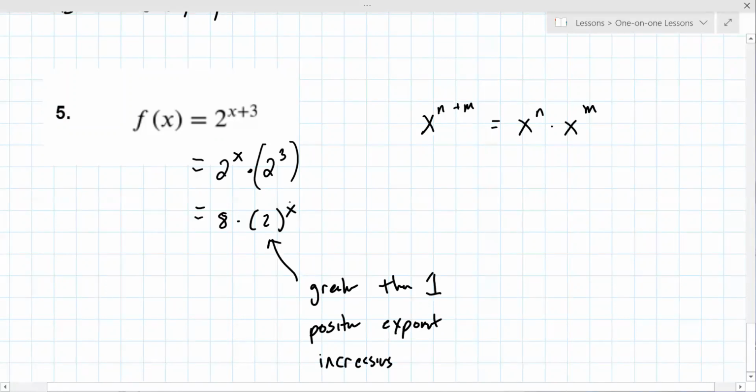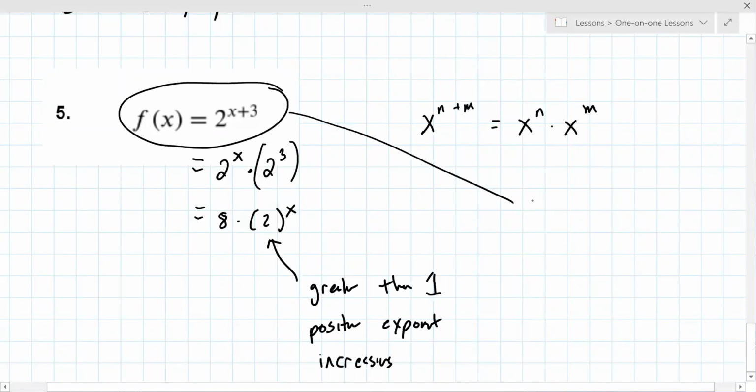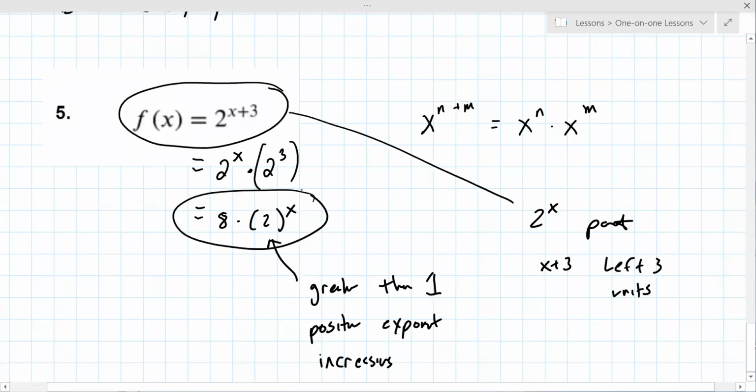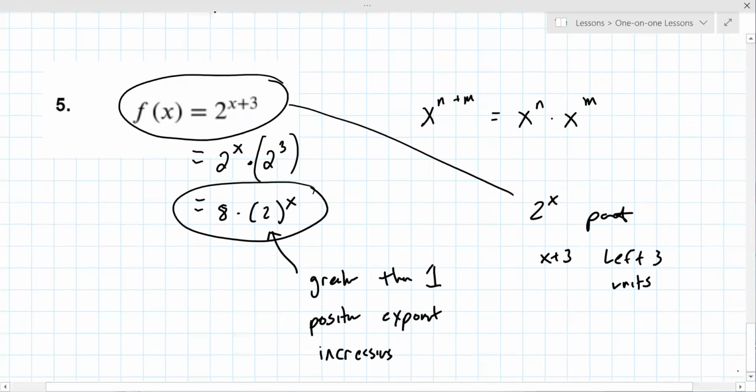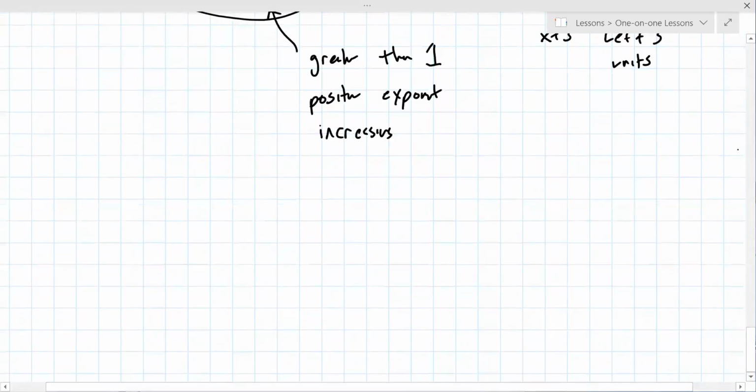Now, what some students can do is they can recognize this and say, oh, what this really is 2 to the x is the parent function, and the x plus 3 means it's going left 3 units. And that's totally true. This is also true. So it depends on how you want to look at it, but lots of things are true here. So we can make a table.